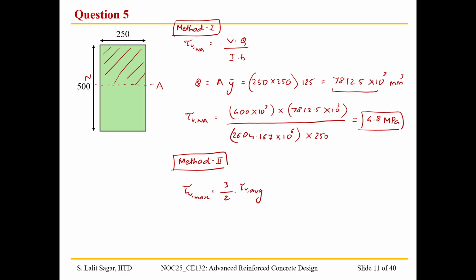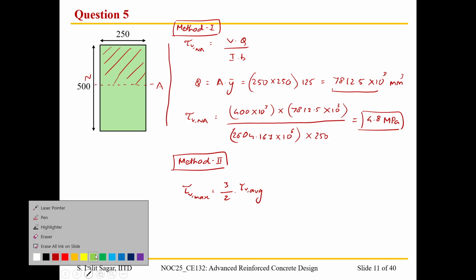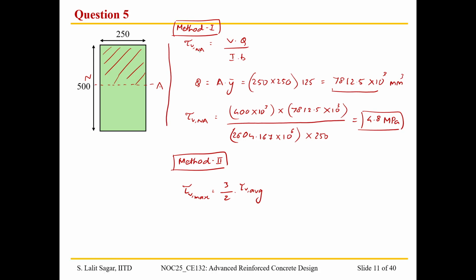Okay, so if we consider the shear stress distribution across the depth of the cross section, it usually forms a parabolic profile. Sorry for that bad diagram. We can represent the average stress using this dotted line.